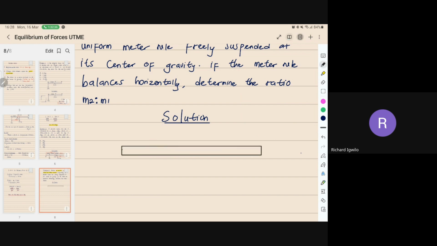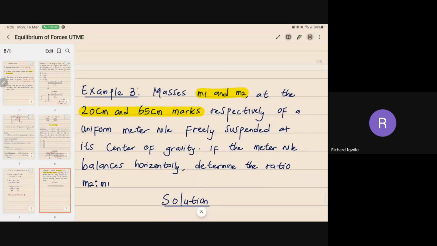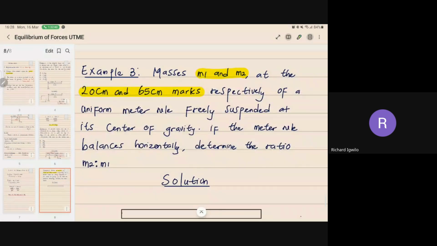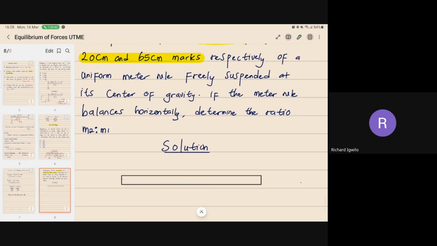And then the meter rule, they give us masses M1 and M2. Right, so let's use A and B. Let's say we have A here, right? And let's say we have B here, right? Now, let's have here to be our 0 mark. Then here is our 100 centimeter mark, right?